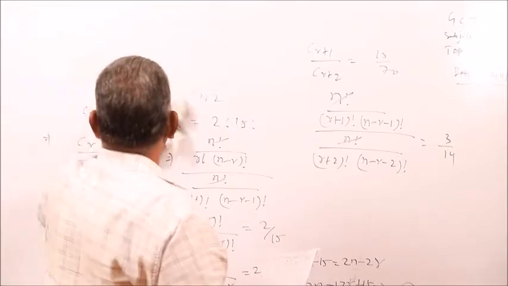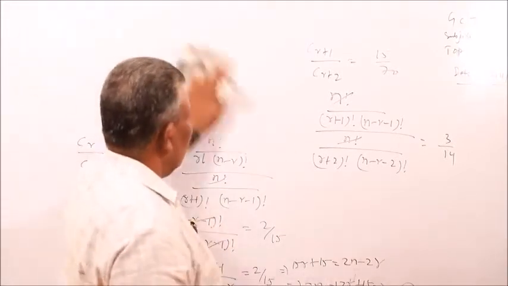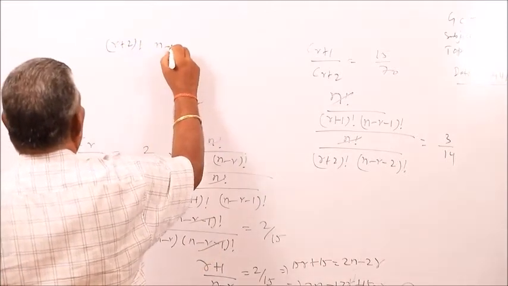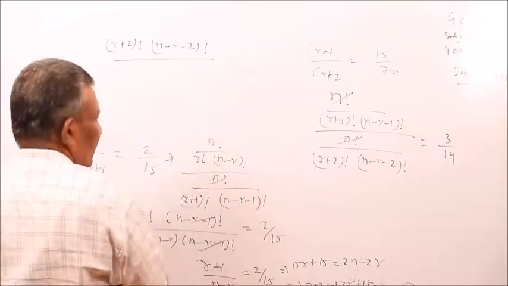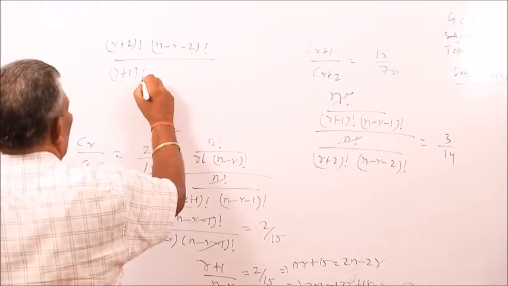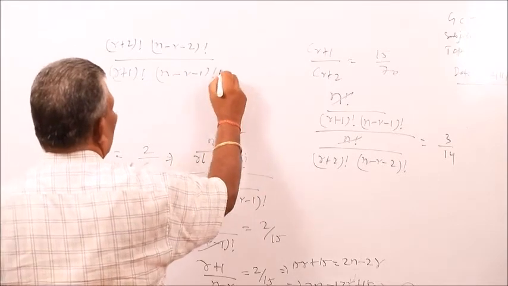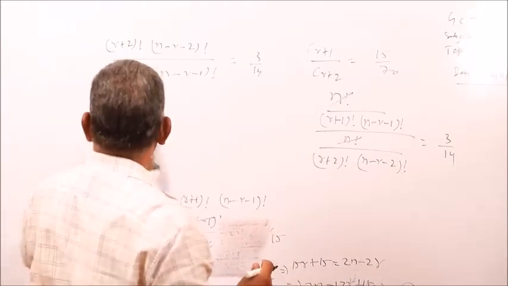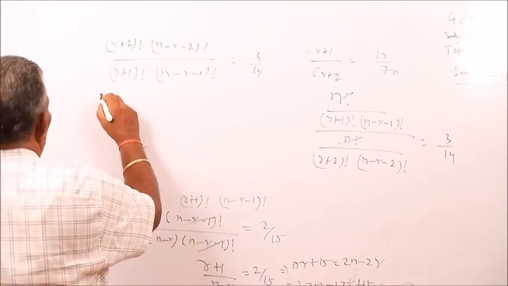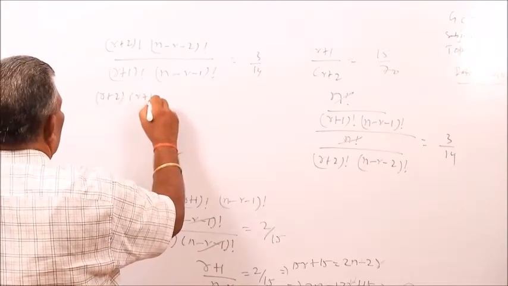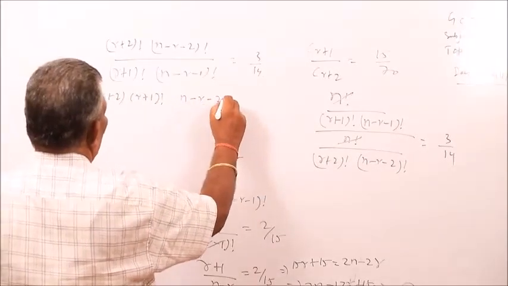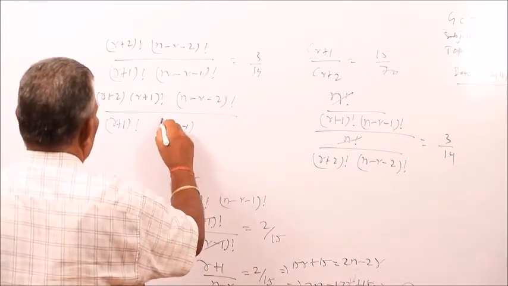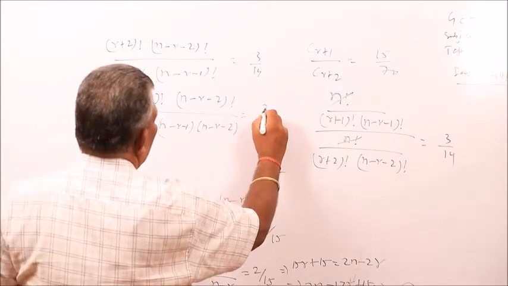So let us break it: we can write r plus 2 factorial n minus r minus 2 factorial divided by r plus 1 factorial n minus r minus 1 factorial equals 3 by 14, or r plus 2 into r plus 1 factorial n minus r minus 2 factorial divided by r plus 1 factorial into n minus r minus 1 into n minus r minus 2 factorial equals 3 by 14.